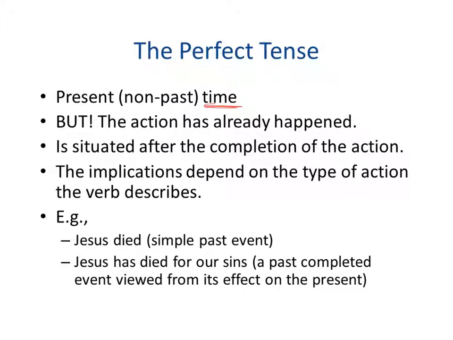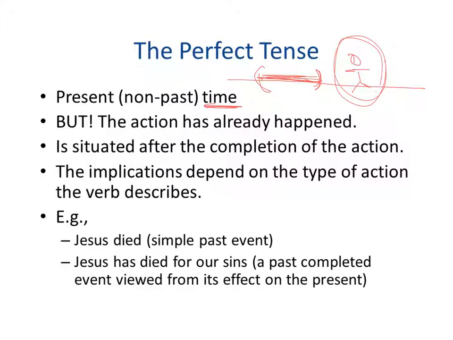So if this is where you are on this timeline, the action already happened back here. And we are dealing with the effects of that action. I have loosed. Now what that means, of course, is different with each particular type of action that the verb describes. But the issue is you are in a situation after the completion of that action. So the loosing happened back here, and I have loosed is up here. So you're in a situation where you've loosed.